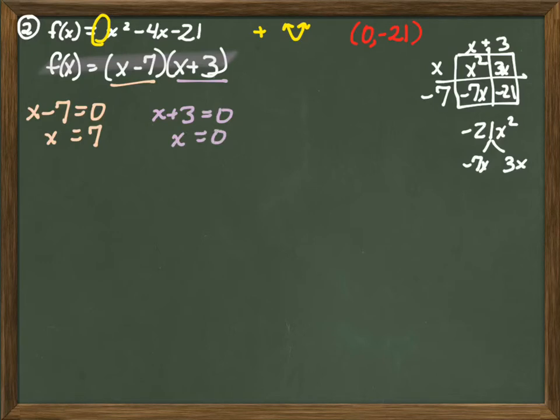And so that gives me my two x-intercepts at 7, 0 and -3, 0. So these are my two x-intercepts.